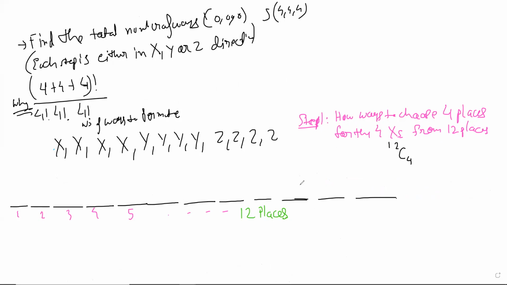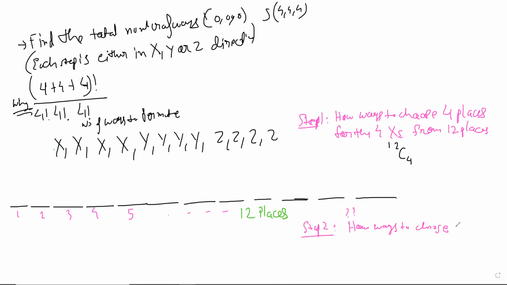Okay. Now, what should we do next? What will be the answer for y? How many ways? 8 choose 4, right? Because now only 8 places are remaining. That's right, absolutely.